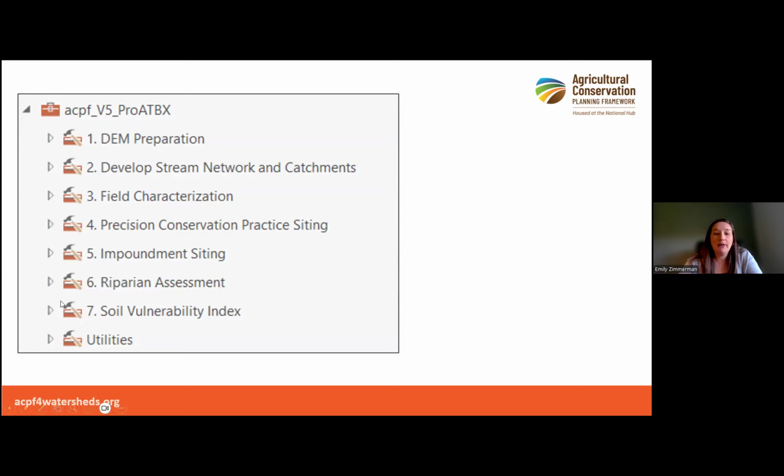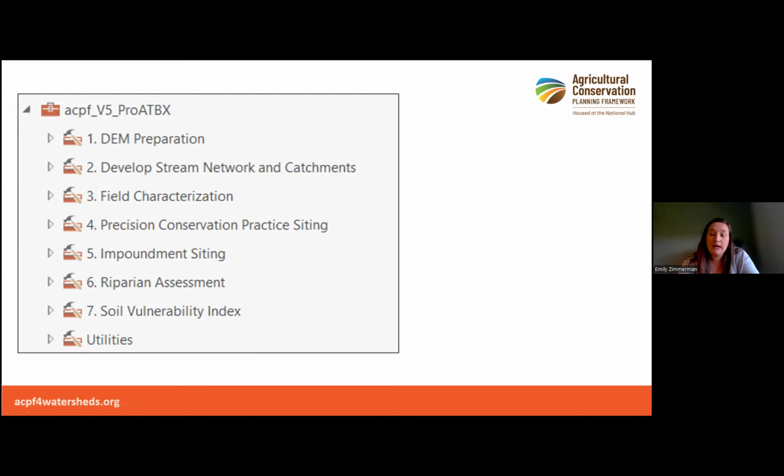And you can think about these tools, especially tools 1 through 6, as sort of steps. So you're going to move through them sequentially until you get to number 6. The first 2 steps are really the most important, in my opinion. That's where the terrain analysis or the digital elevation model preparation occurs, and then where we also develop our stream network.